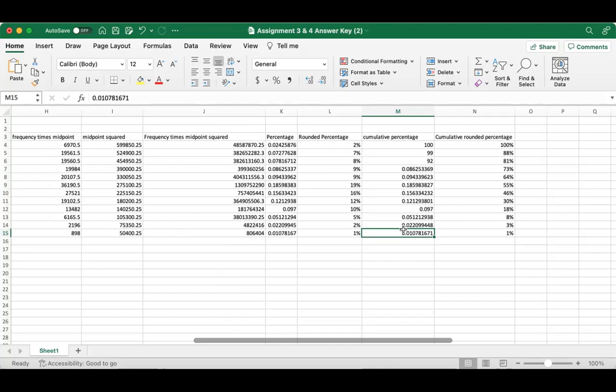So this is equal to, pretty simply, 8%. But if you want to do the formula, you can say equals N12 plus L11. You should get 8%. This is equal to N11 plus L10.